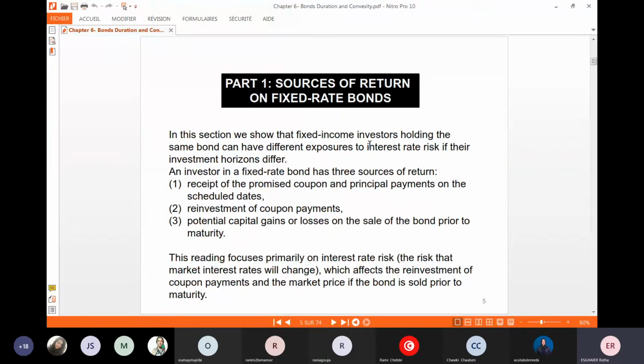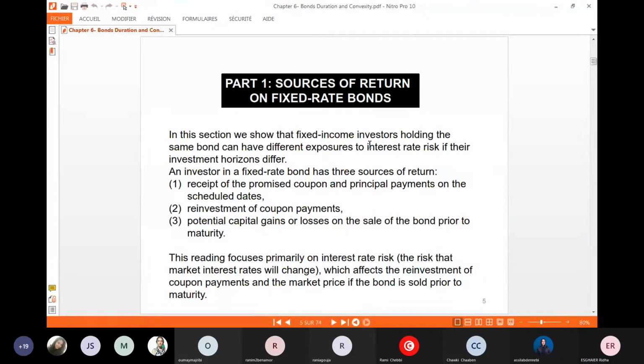If my investment horizon is 10 years, the coupon to be received 1 year from now I can reinvest from the end of year 1 until the end of year 10, during 9 years. Okay, this means reinvestment of the coupons to be received. The coupon to be received 2 years from now could be reinvested until the end of year 10, and so on, etc.